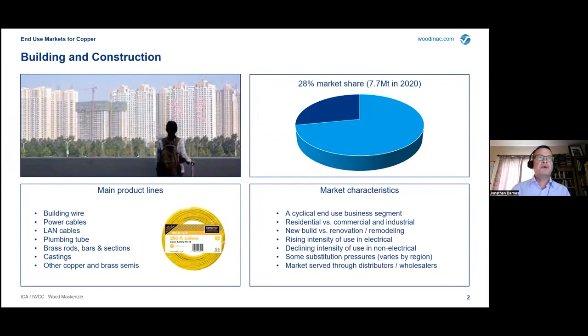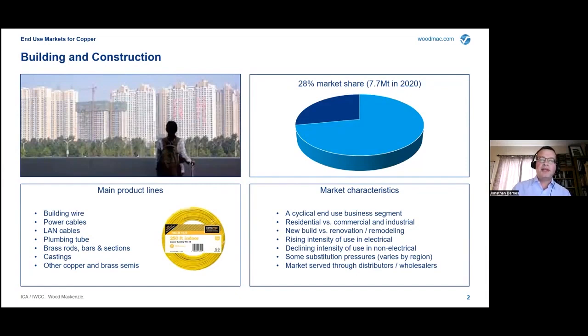So beginning here with building and construction, obviously there I have a picture of some tower blocks in China. The major product lines going into this application are primarily building wire for residential construction, power cables for industrial projects, LAN, so local area network cables in offices, plumbing tube, brass rods, bars and sections.